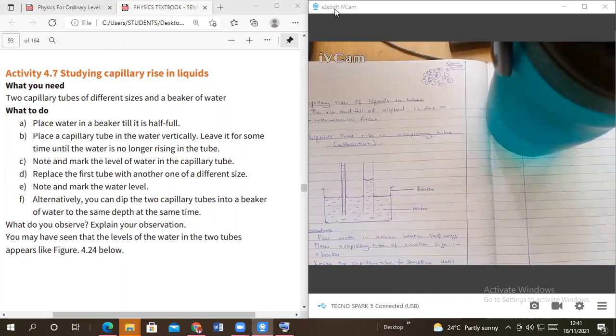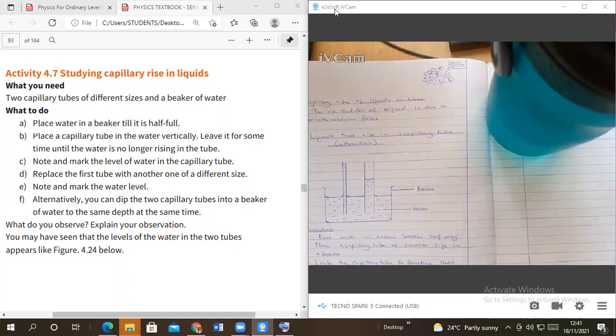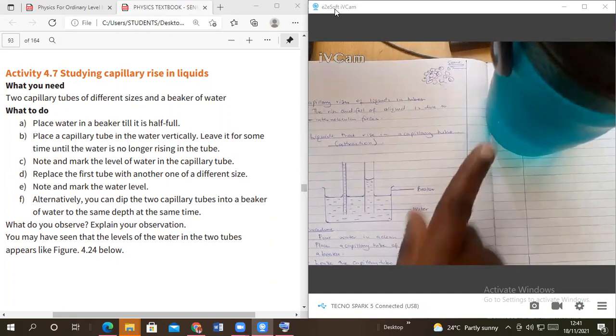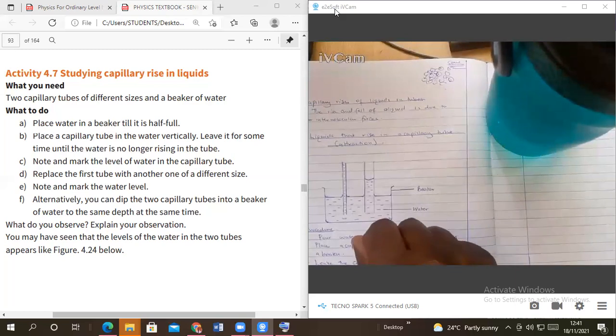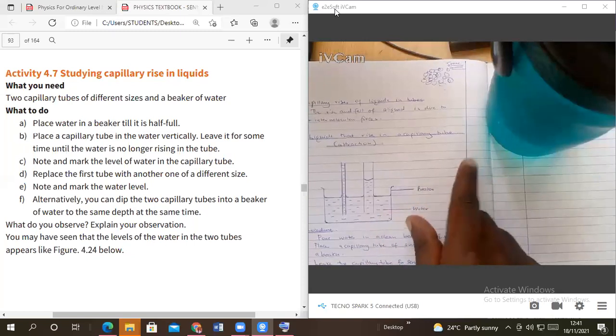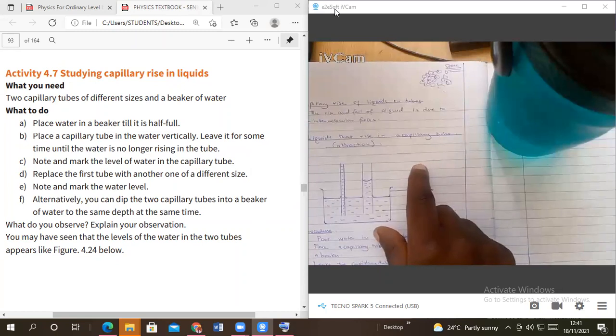Now, if I pour this water in a water tank, these black ones that are outside, will the water level in that tank be the same as this one here? Will it be of the same height? No. But the volume of the water is the same. Yes, I get it. Okay.